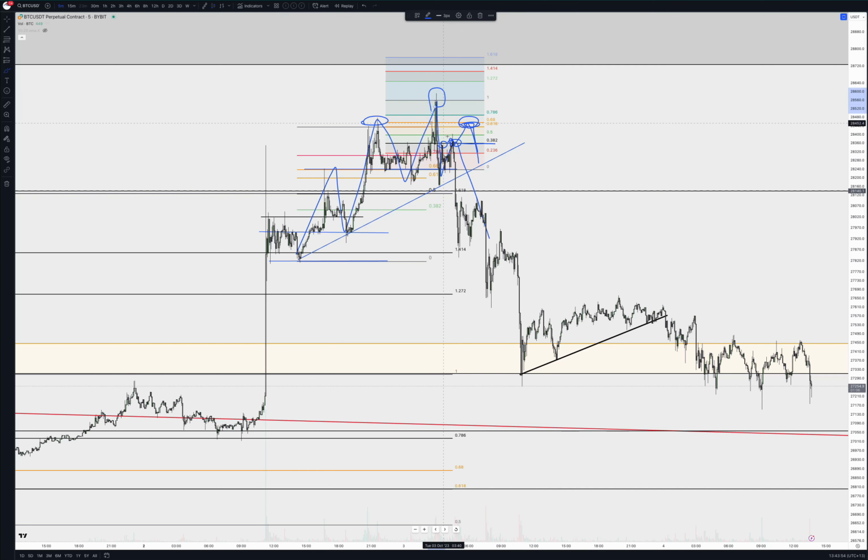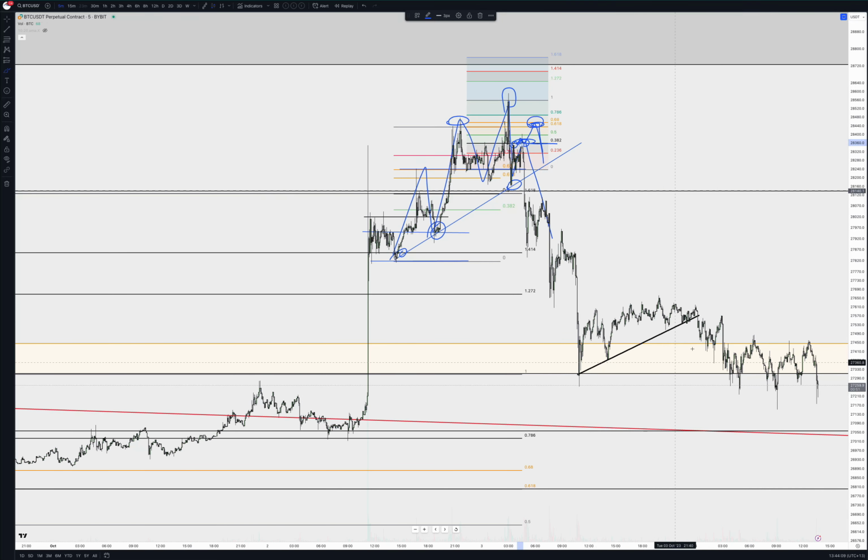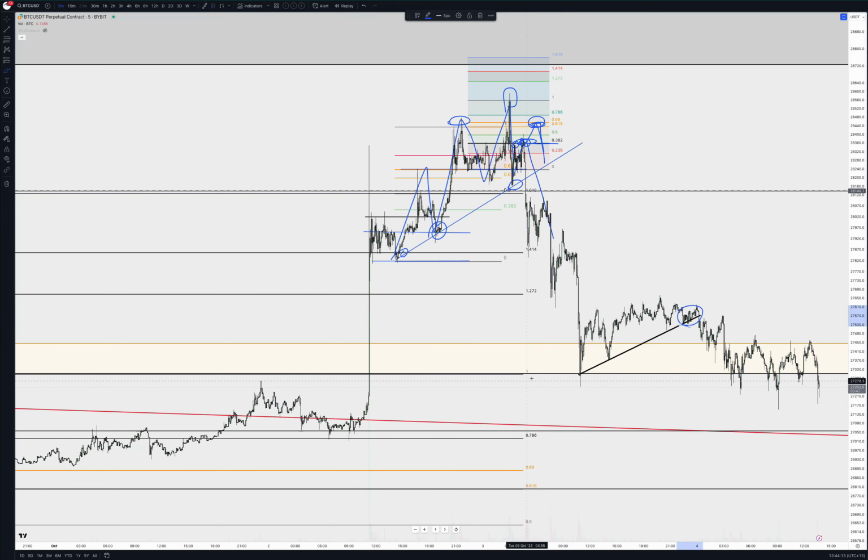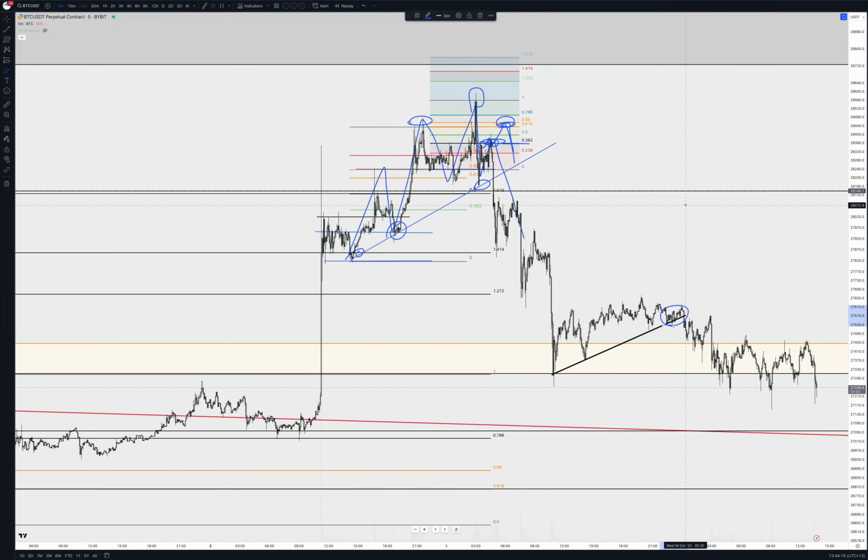I missed that entry, waited for the bounce, looked for this level, and then it gave me a reason with this trend line that looked bearish in nature. So that was a good shorting position, and so far so good. And we looked at it again for another entry there.